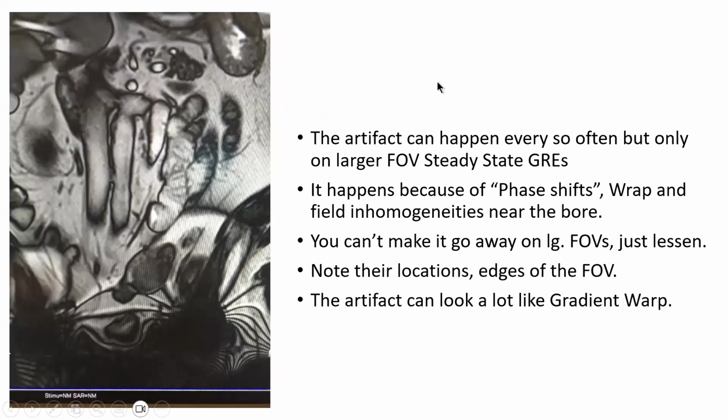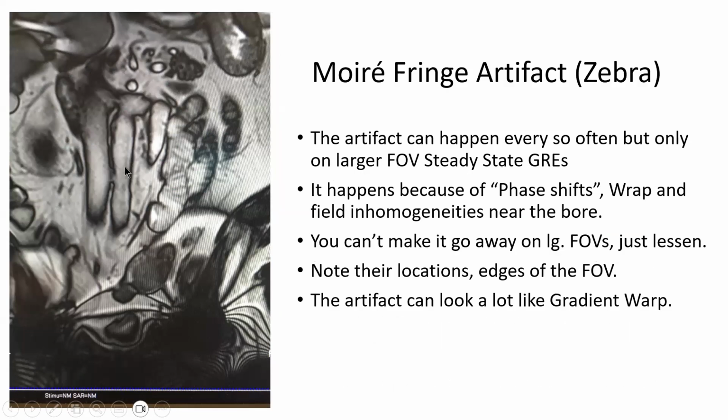Here's another artifact. Okay, this is called, this is gradient warp. You've got in phase shift. So if you notice all this zebra stripe here, that's, I'm sorry, this is Moiré artifact, not chemical shift. My bad. Looks like chemical shift. So you see this zebra stuff down here on the bottom and actually up here.